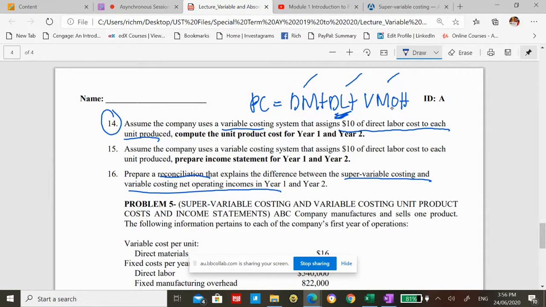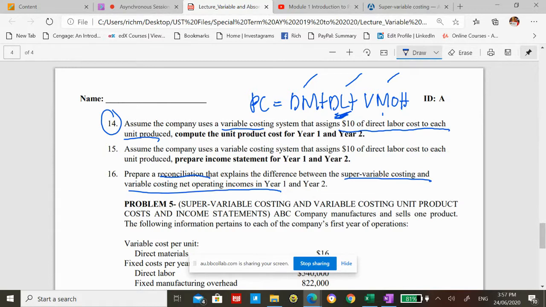In reality, if there is variable manufacturing overhead, both direct labor and variable manufacturing overhead are reconciling items between variable costing and super variable costing or throughput costing. But since we don't have variable manufacturing overhead in this particular problem, the only reconciling item is direct labor. So the difference between the two net incomes is only the direct labor in the ending inventory or beginning inventory.